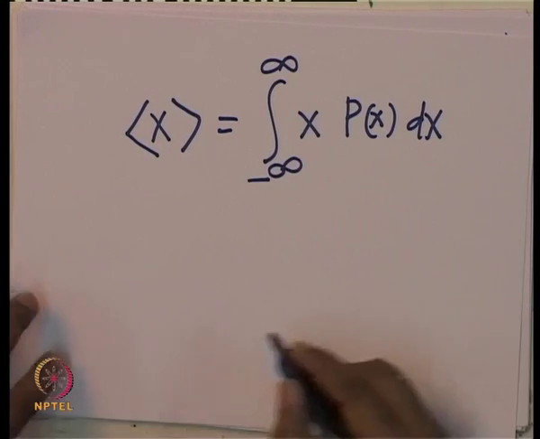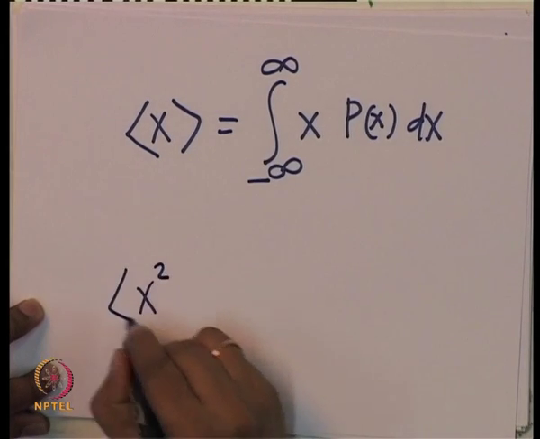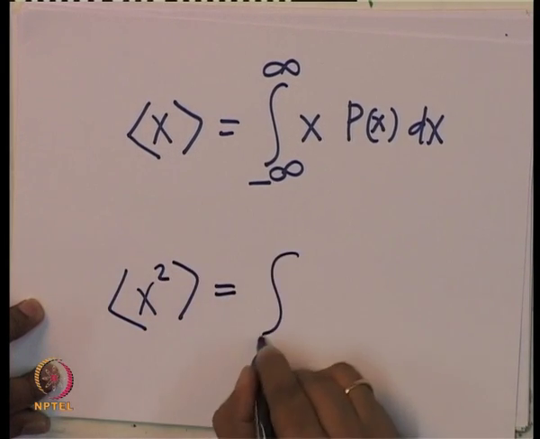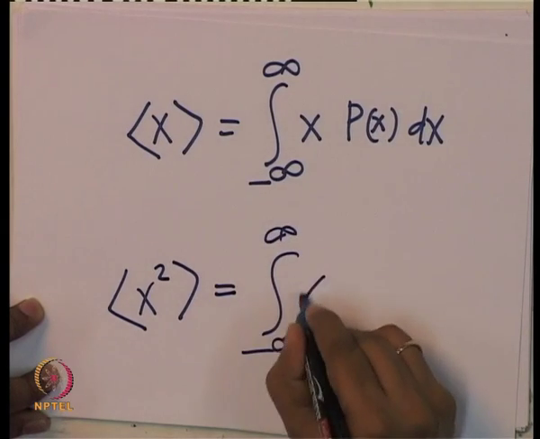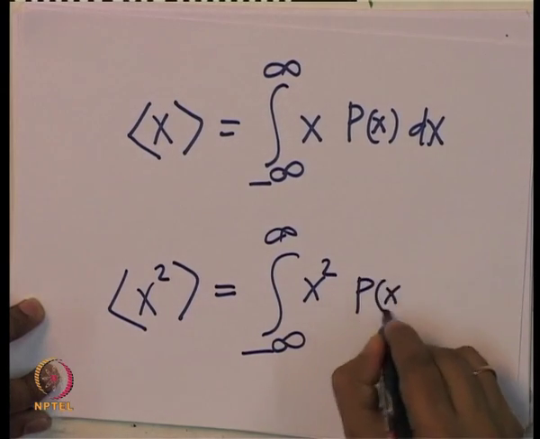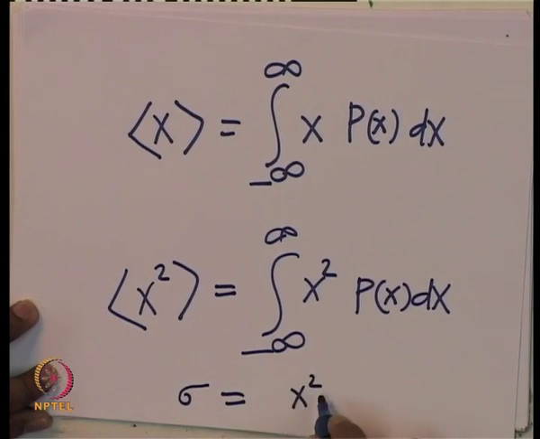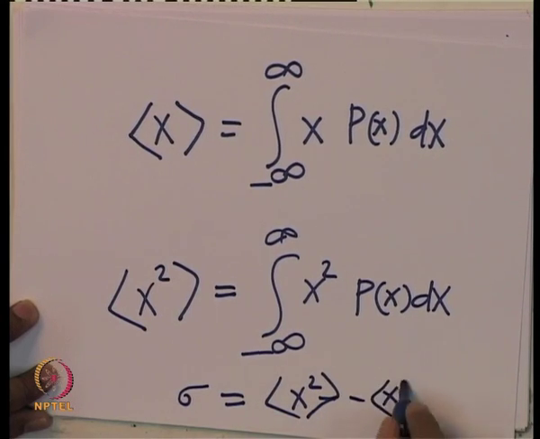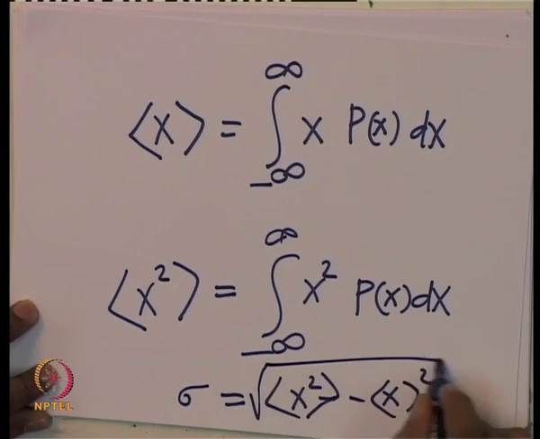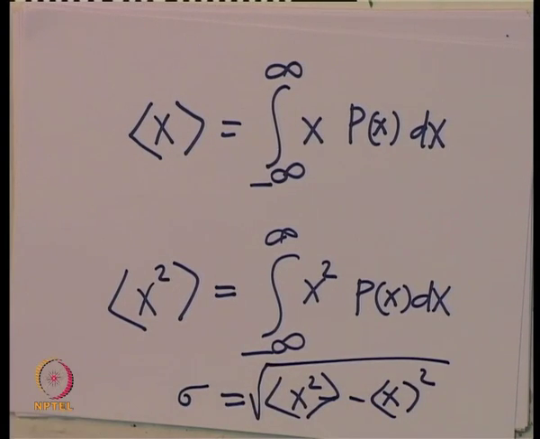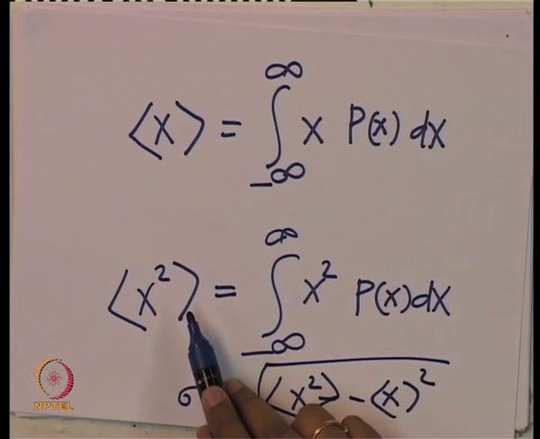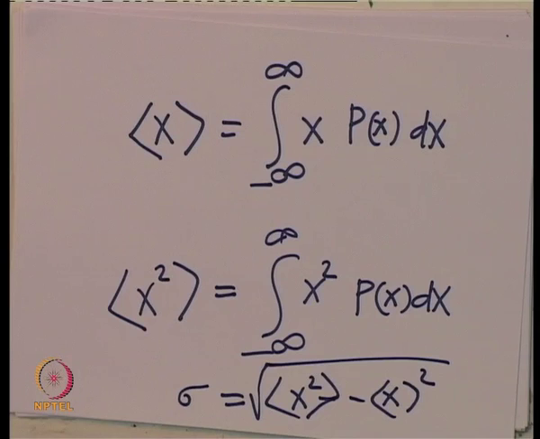The definition of x square average is the integral from minus infinity to infinity of x square P of x dx. And the standard deviation sigma is nothing but the root of x square average minus x average square. So we have to find x average and x square average, and then we can find the standard deviation.